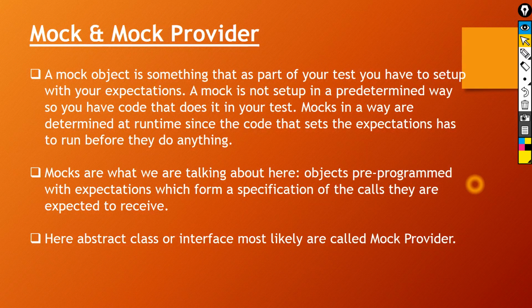A mock is not set up in a predetermined way, so you have code that does it in your test. Mocks in a way are determined at runtime, since the code that sets the expectation has to run before they do anything.